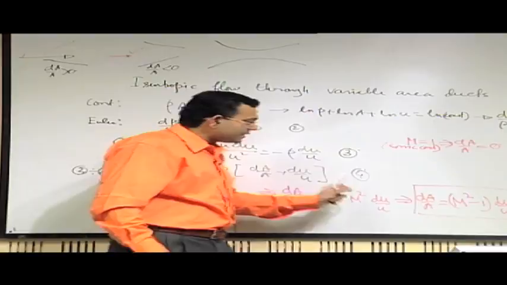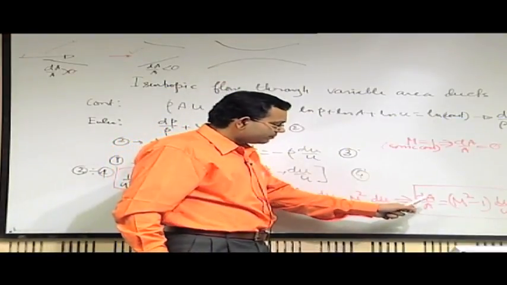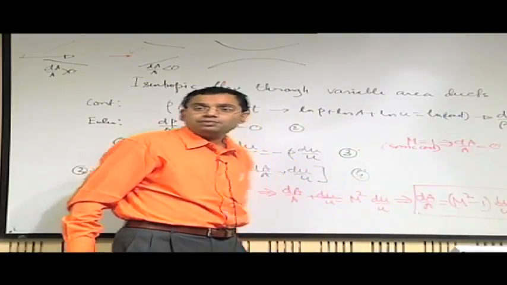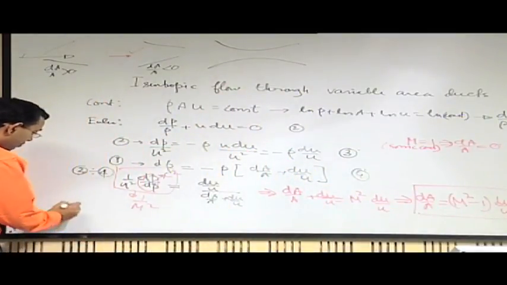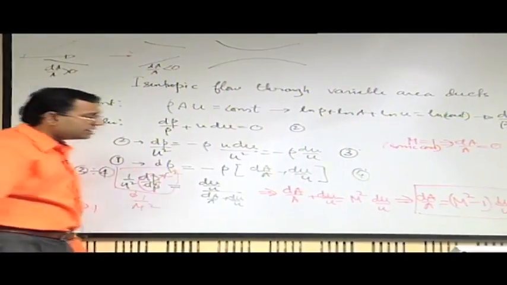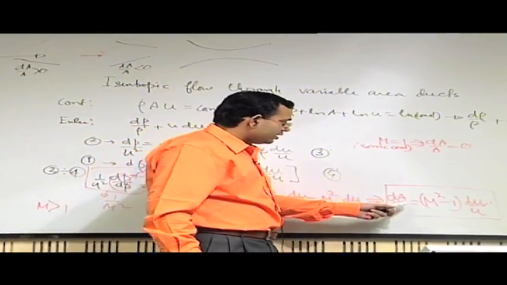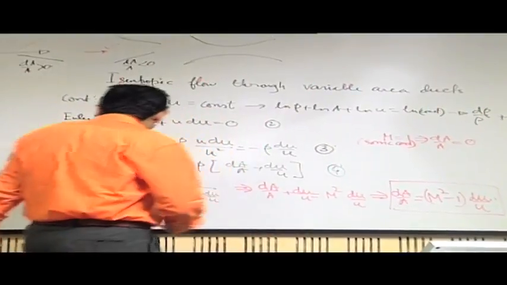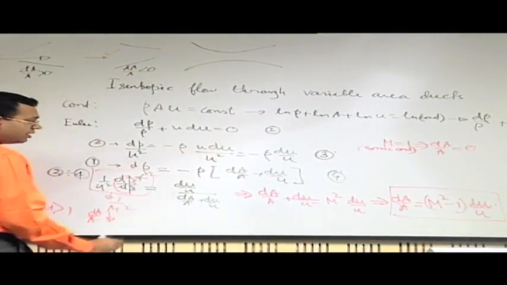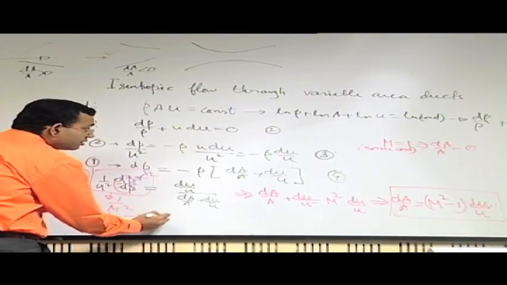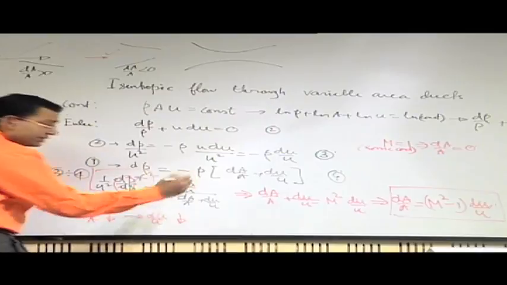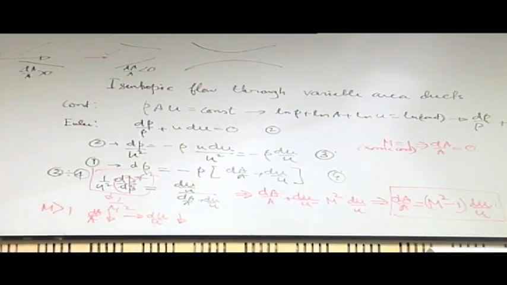To understand that, we will consider two different cases, one is M greater than 1, another is M less than 1. So if you consider M greater than 1, you can see that if you have a reduction in A, that means if dA by A is reducing, then du by u is also reducing.